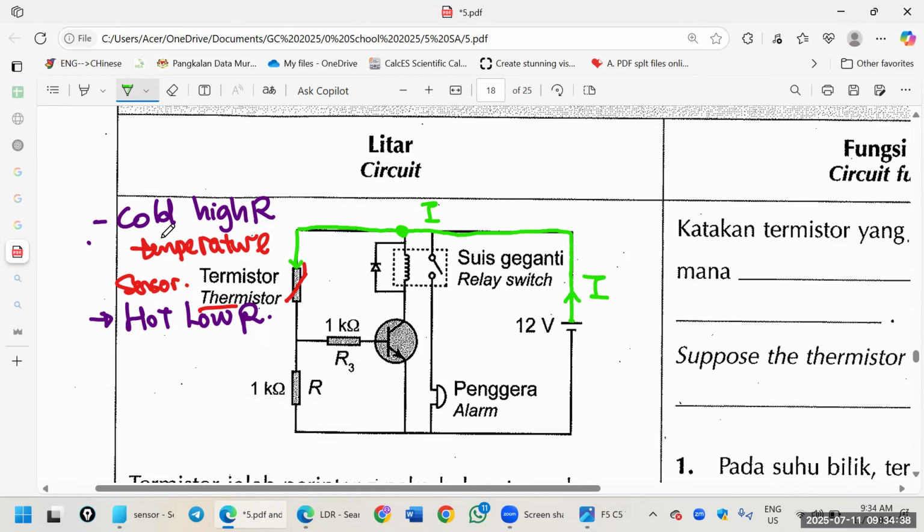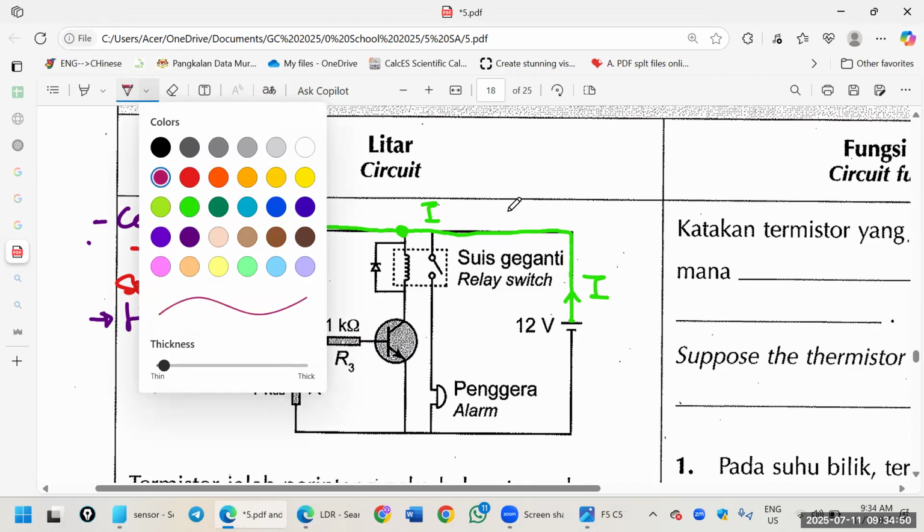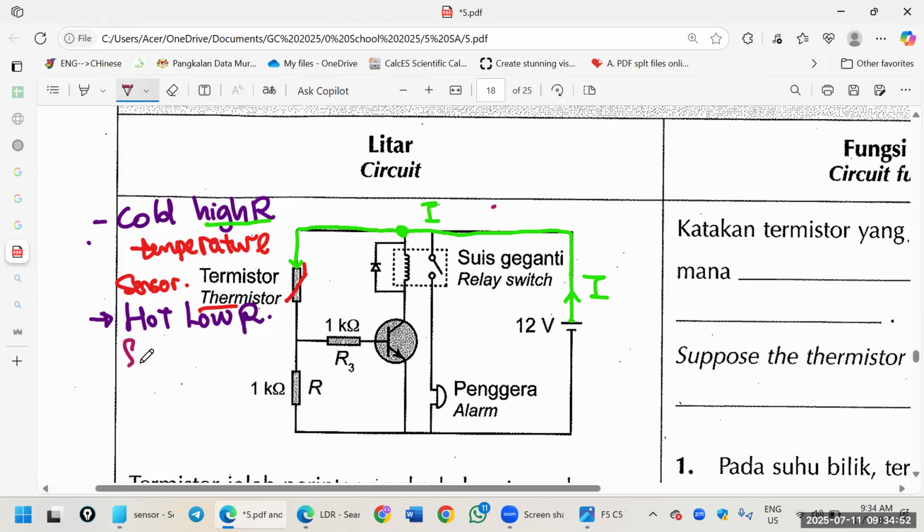When it reaches here, the cold temperature resistance is too high, so the current cannot pass through and nothing happens. But when it's fire time, it will be hot.